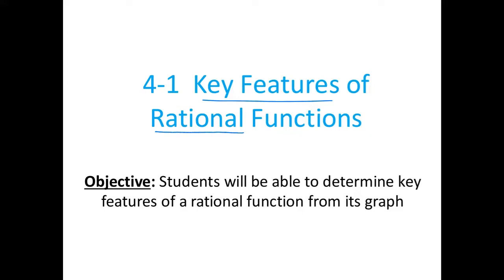Rational functions, if you remember back to the definition of a rational number, is anything that can be written as a fraction. So a rational function is basically a fraction with a variable in the denominator.